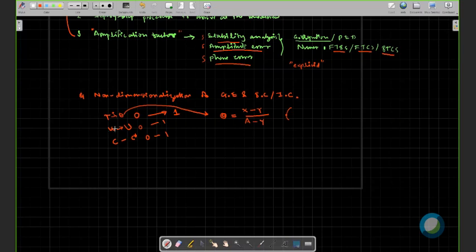Suppose in this particular problem there are parameters like T cold or T hot, meaning hot temperature and cold temperature. You have to use these variables in such a way that you can get a non-dimensional parameter theta.